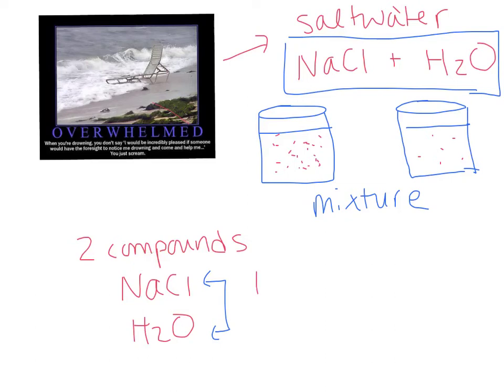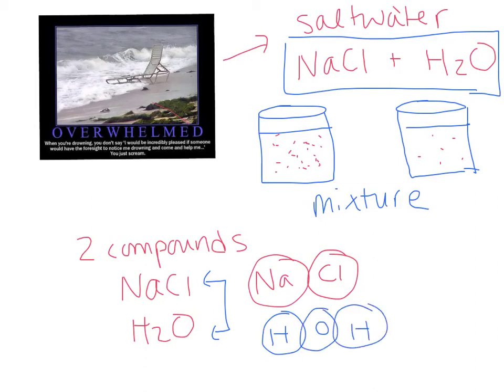It's always going to be one Na bonded to one Cl. Okay? H2O, it does not matter where you get the H2O from. It's always going to be one H and two O's. The composition never varies, okay, which makes it a pure substance.